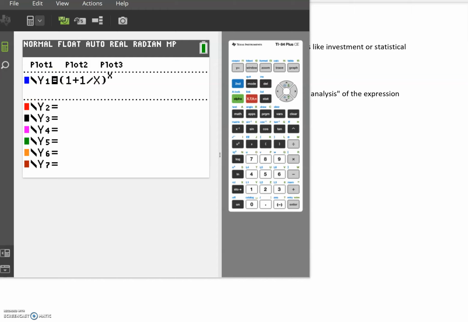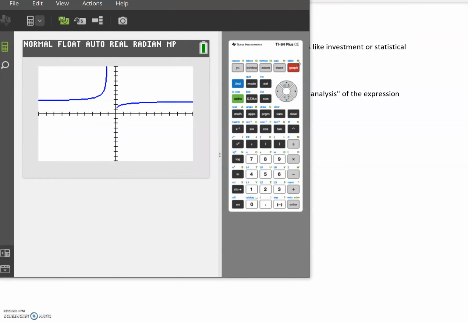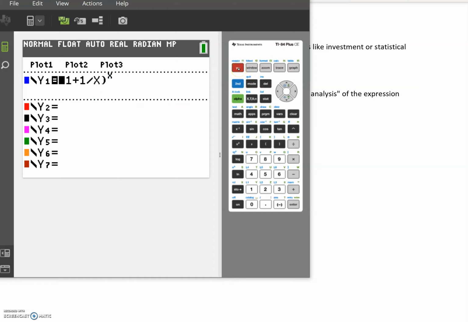I have the expression (1 + 1/n)^n input into the calculator using x for n, of course, and I'm not interested in the graph of this. I'm interested in what happens to this expression when the x values become large. Like we said, n has to go to infinity. So I'm going to use the table feature.